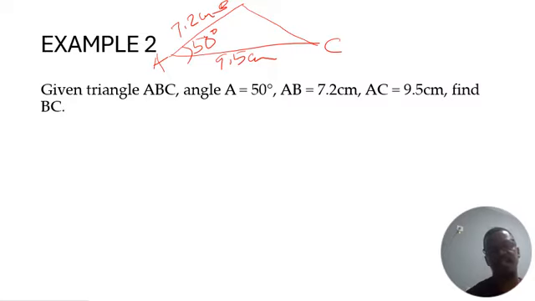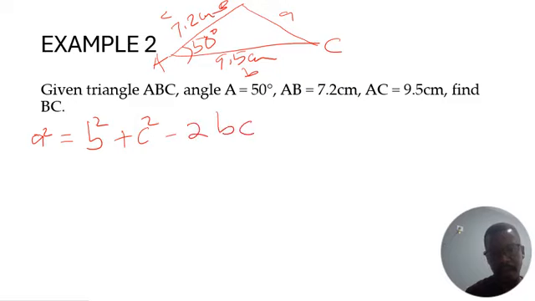The first thing is to label, which means this side will be B, that side will be A, this side will be C. In this case they want us to find A. So A squared should be equal to B squared plus C squared minus 2BC cos A. It's as simple as that.